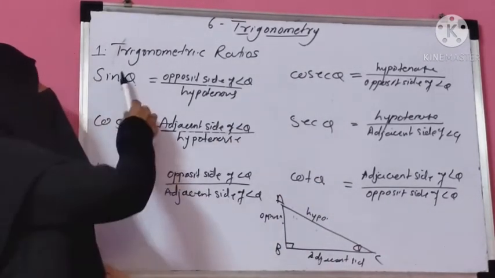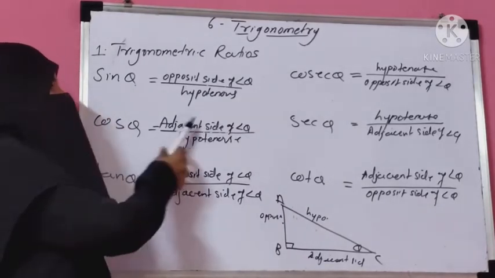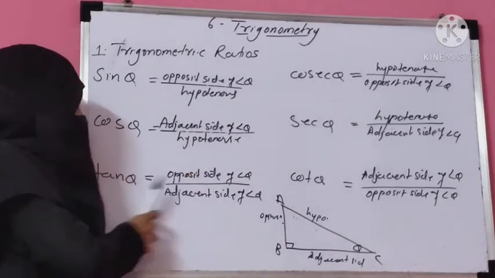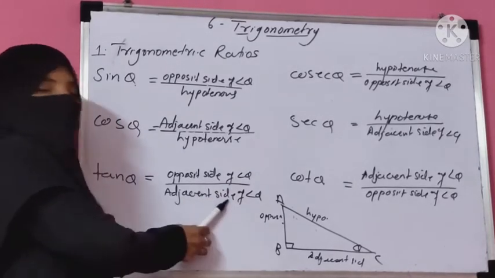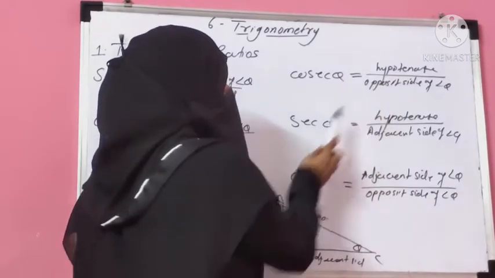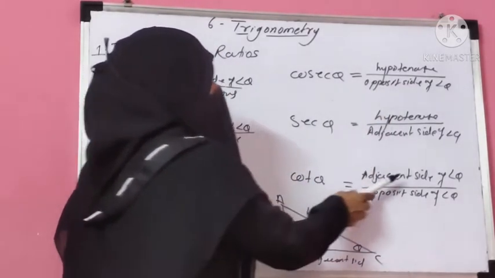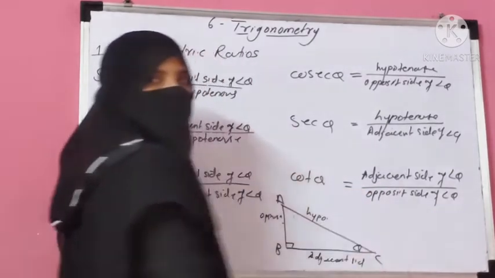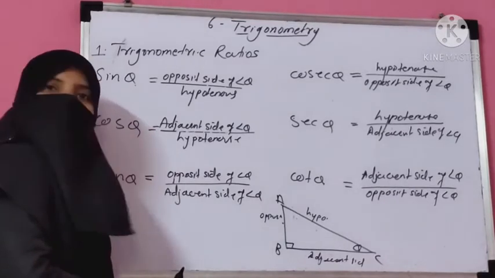So the formula of sin theta is opposite side of angle theta upon hypotenuse, cos theta is adjacent side upon hypotenuse, tan theta is opposite side upon adjacent side, cosec theta is hypotenuse upon opposite side, sec theta is hypotenuse upon adjacent side, cot theta is adjacent side upon opposite side. Here I showed what is the opposite side, adjacent side and hypotenuse.